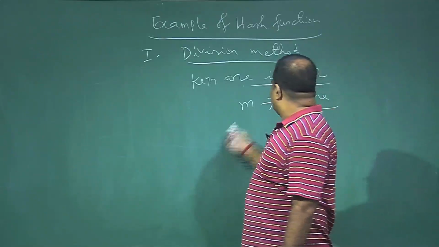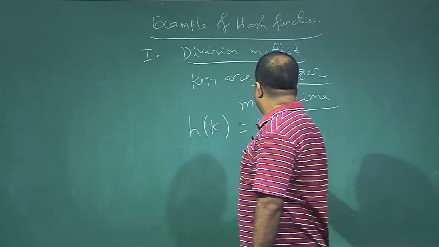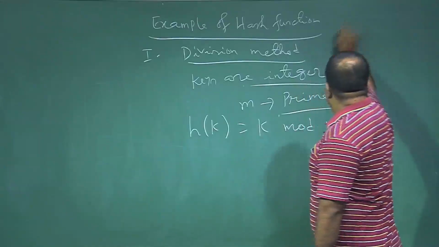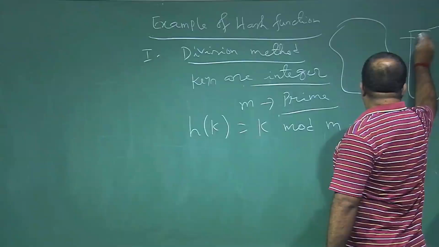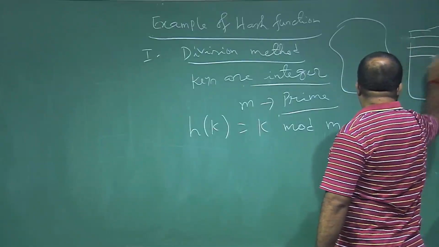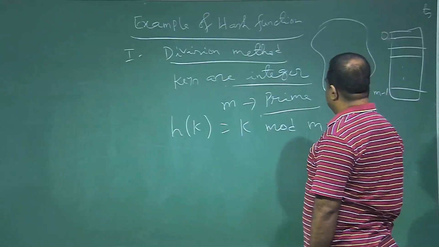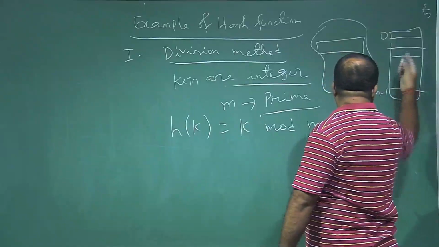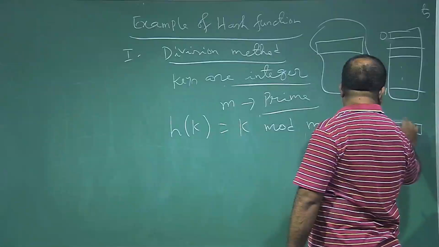Now, keys are integers, so the hash function on this key is basically k mod m. So, we have a fixed size hash table, 0 to m minus 1. Okay, k is any integer of arbitrary length, while m could be some fixed length, say 3 bits.